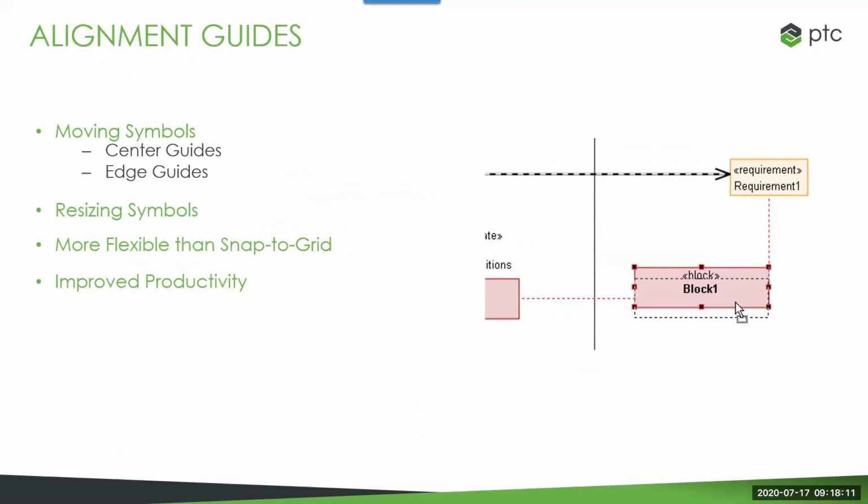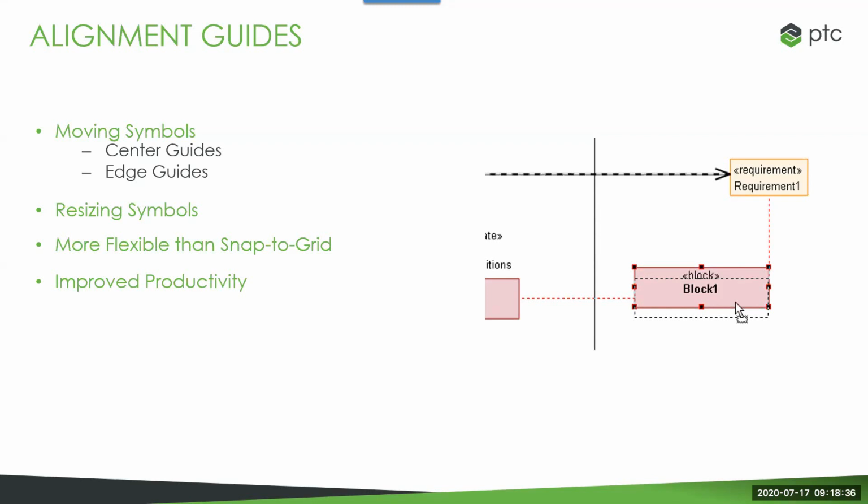Okay, the next feature we have is something quite simple but very useful when you're working with diagrams a lot. Alignment guides. Similar to PowerPoint, when we move items around, guidelines appear using these red dotted lines to show you center lines, top, bottom, left and right border lines.